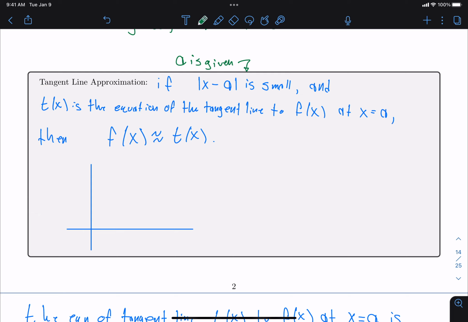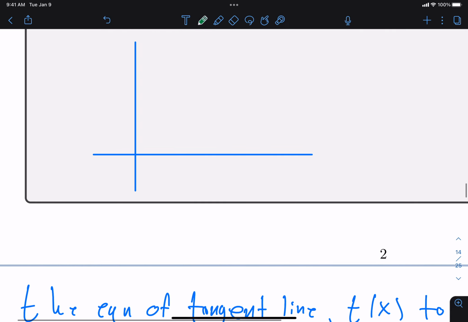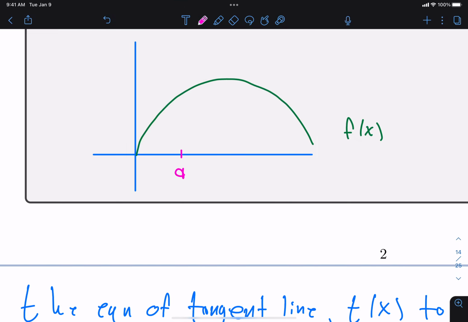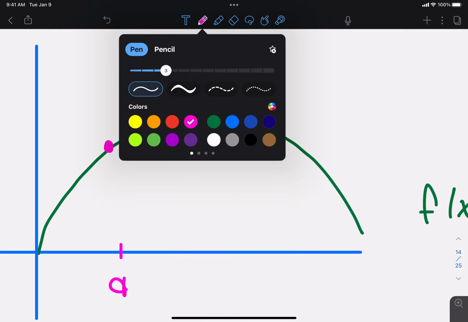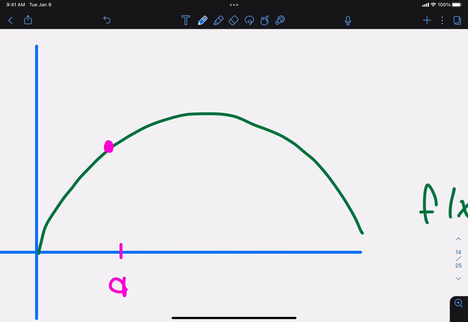Okay, so let's make a quick picture here of what is going on. Let's say this is f of x. And a is given, so let's just pick a spot for a. Here's a. Then we can make the tangent line. That's better.